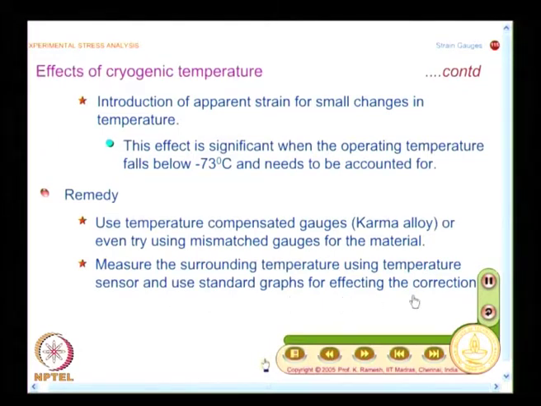So, this is the general recommendation for temperature extremes as well as nuclear radiation. Measure the temperature at which you are doing the measurement, at least keep this. Even if you are unable to interpret the strain readings, when you find a deviation from your analytical or numerical calculation, at least another experimentalist can look at it and suggest, oh, you worked at such and such a temperature, why do not you look for strain time calibration graph?